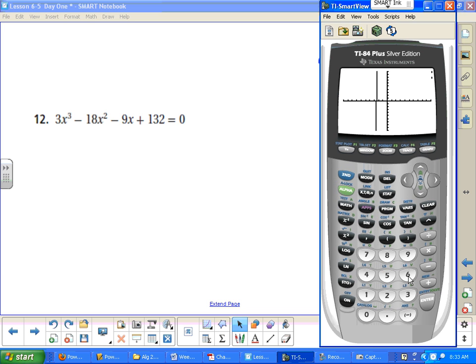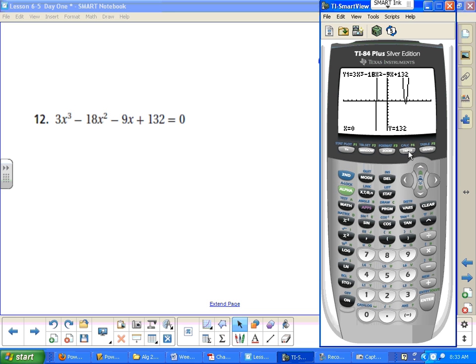To go back to Zoom 6, your standard viewing window. Let's see, between -2 and 3, and then it looks like there's 1 at 4, doesn't there?